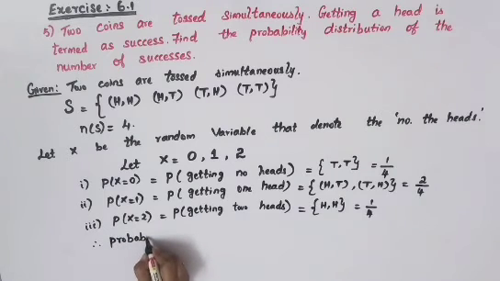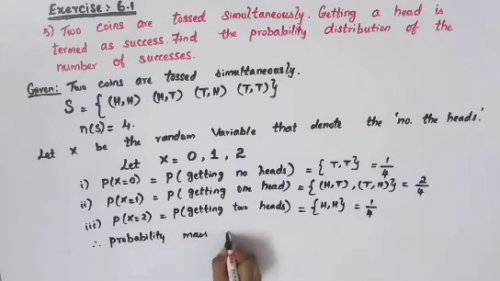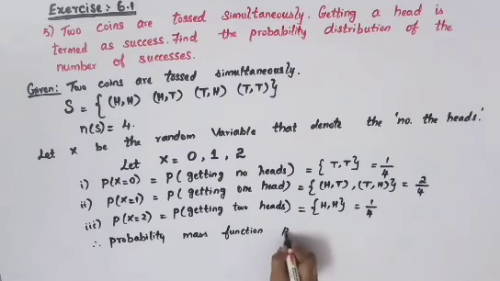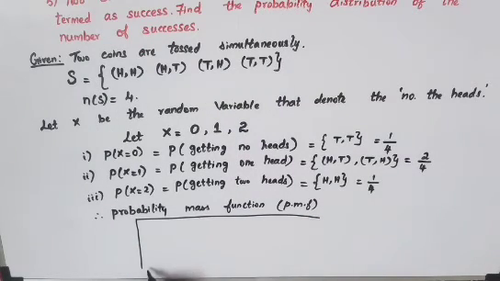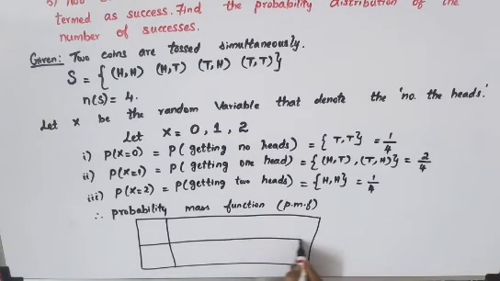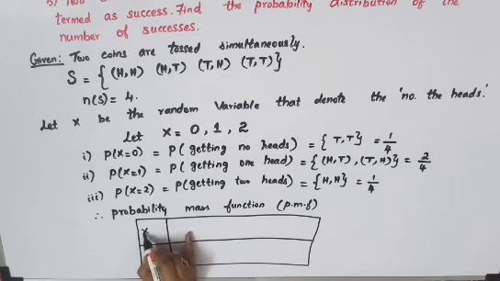Therefore, the probability mass function is what they have asked you. The PMF, that is the probability mass function. So just draw a table: X and P(X).